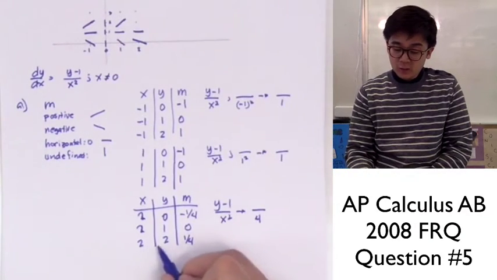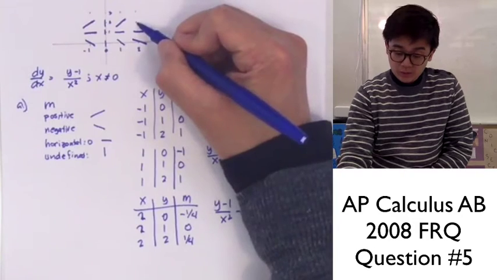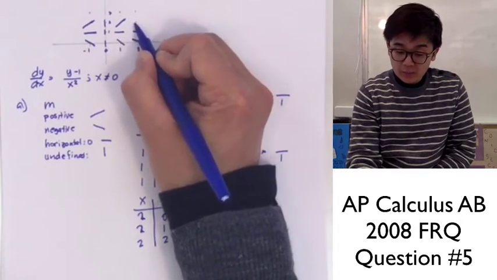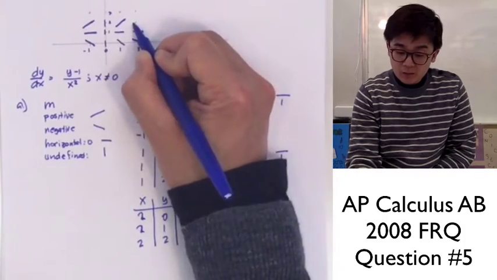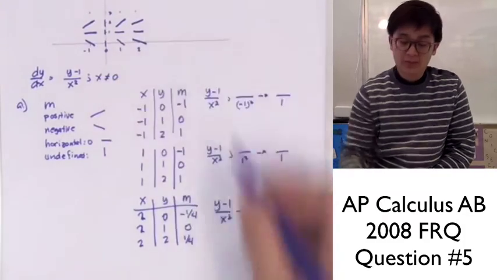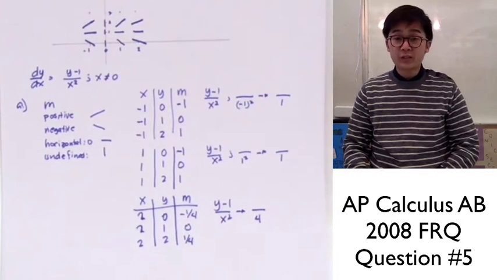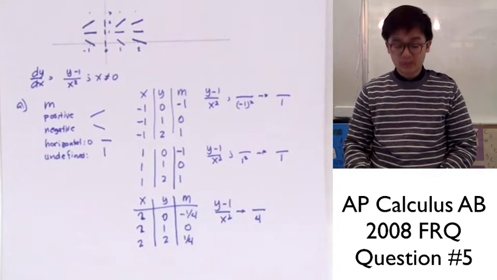And for x equals 2 and y equals 2, it's still going to be a positive slope, but it's going to be less steep than the other two graphs right here. So that is the graph of our differential equation using slope fields.